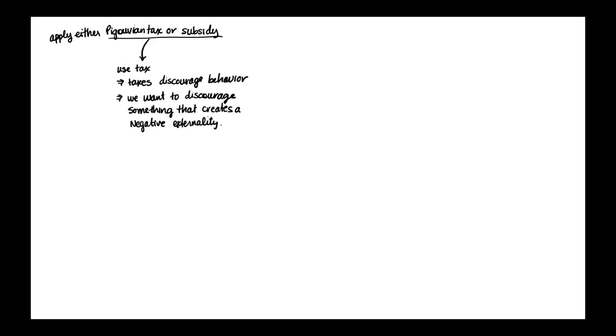All right? So we want to discourage this. If we want to discourage it, we want to tax it. What would happen if we subsidized it? Yeah, we get more of it, right? We don't want more, we want less. So it's very important that you understand intuitively when we would want to tax something and when we'd want to subsidize it. I mean, rather tax it, not subsidize it.